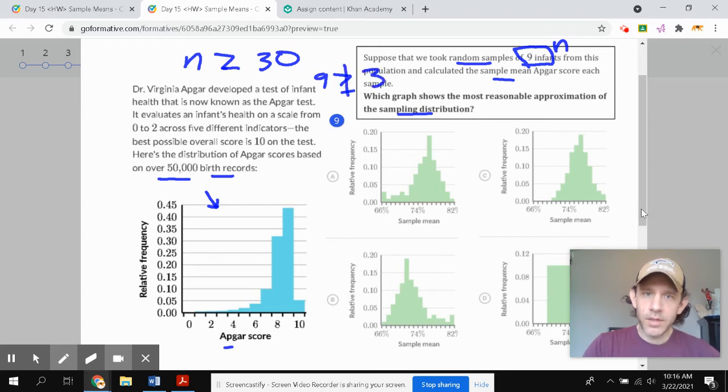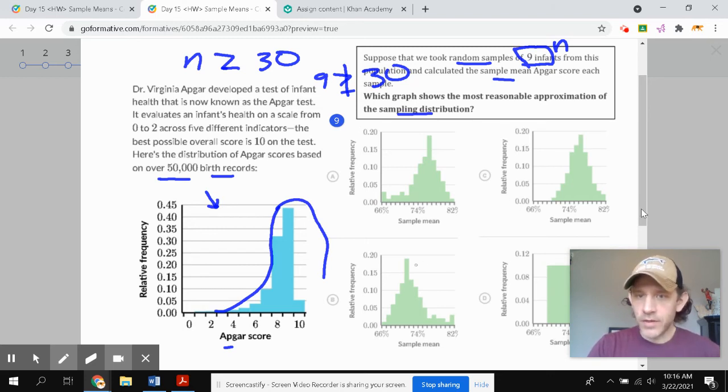It's no good. So in that case, our sampling distribution will be approximately about the same shape as the population distribution. So what's the shape of our population distribution? Looks like it's somewhat skewed to the left, isn't it? All right. And which of these answer choices follows that?